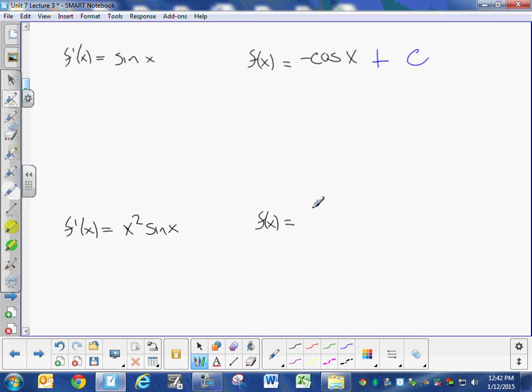Anybody? Isn't it just 1/3 x cubed and then negative cosine x? Is that right? Why isn't that right? Yeah, because then I took the derivative of the product rule.